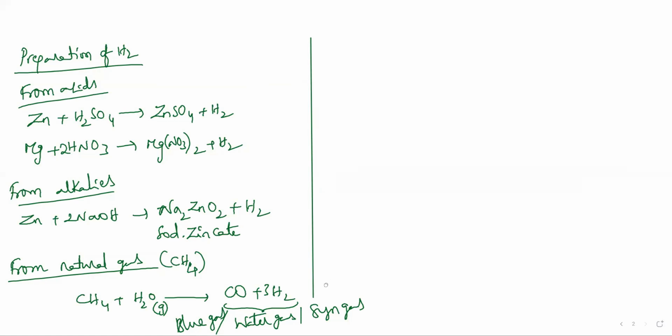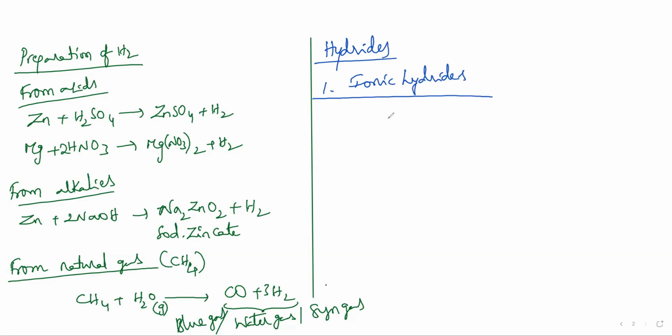So the next topic is about hydrides. Let us see what hydrides are. Generally these hydrides are divided into three types. Let us see one by one. The first one, ionic hydrides. What are ionic hydrides?